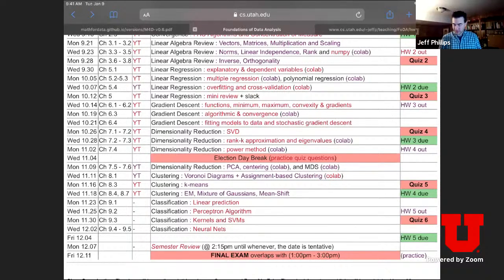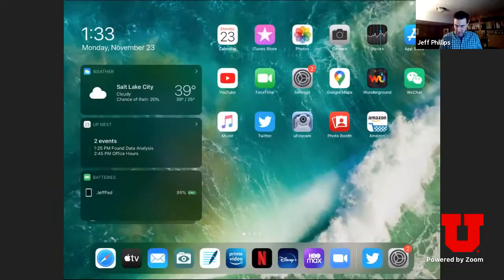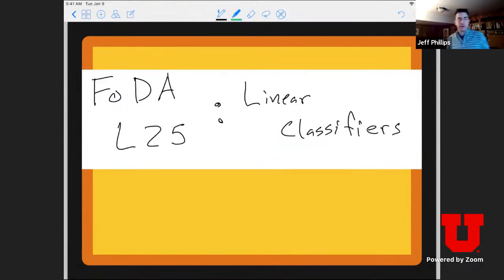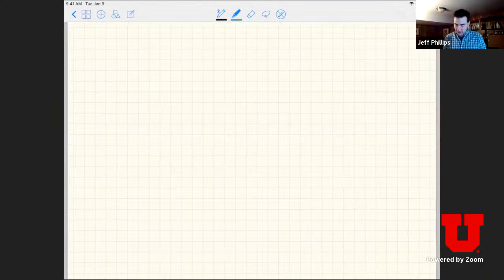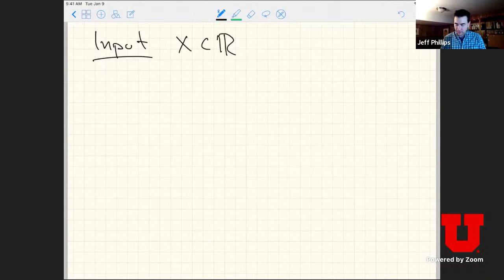So great. Let's go into this lecture. Linear classifiers. Okay. So the input here is going to be X, a subset of R^d.